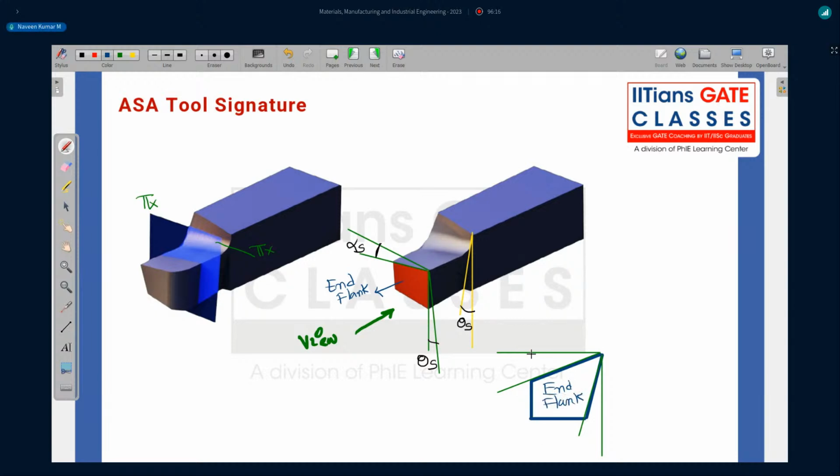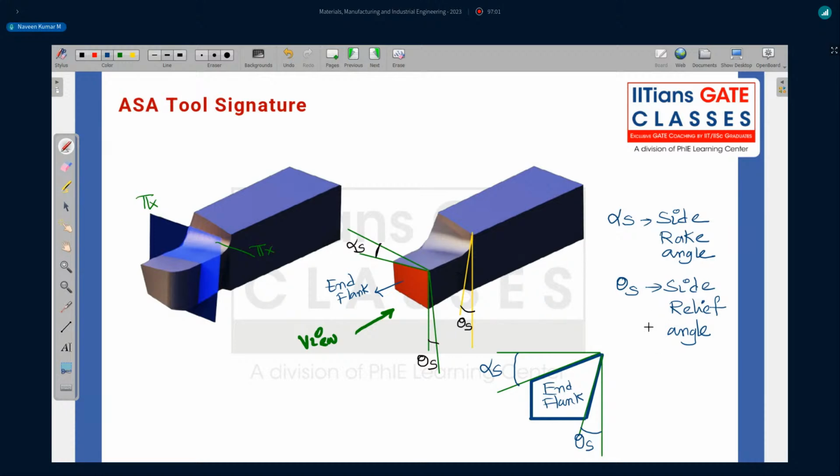Okay, and the angle here is your alpha s. The angle here is theta s. Okay, and these are the angles. Okay, good. So let me write what the angles are here. Alpha s is side rake angle. Theta s is side relief angle. Why these are relief angles? All these things we'll discuss. Don't worry. Good.